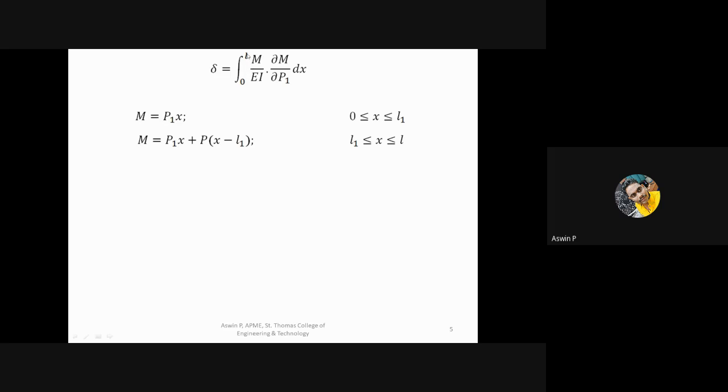For that, I am splitting this integral as 0 to L1 plus L1 to L.